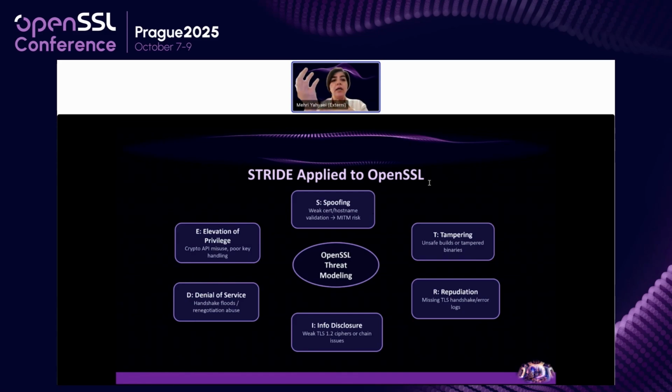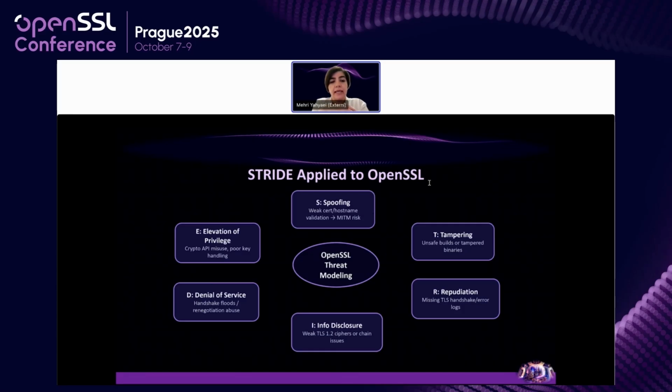Repudiation: missing TLS logs make it impossible to trace incidents. Information disclosure: weak ciphers or certificate chain issues. As a result, we face data leaks. The other one, denial of service: flooded handshakes and renegotiation abuse.